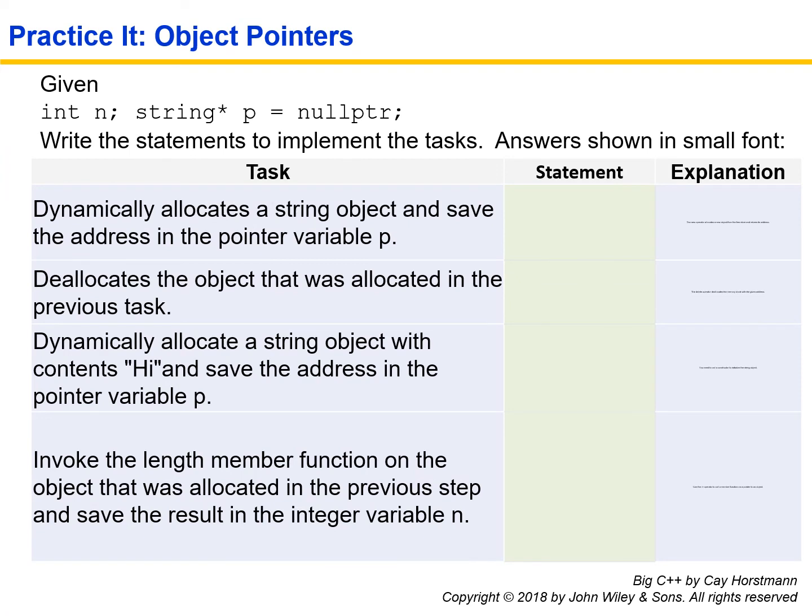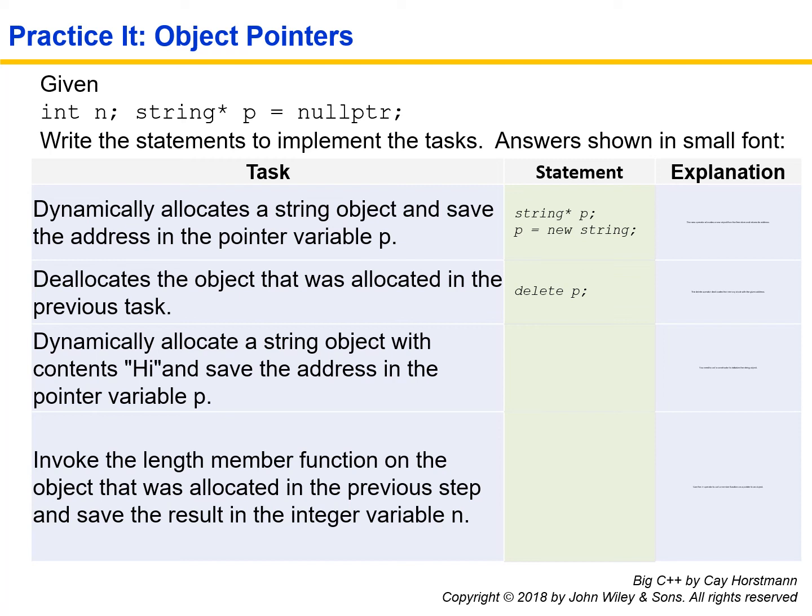Okay, a couple of object pointer tasks. We want to dynamically allocate a string object and save the address in the pointer p. We would say string star p equals new string. Okay, we want to deallocate the object from the previous task. We would delete p.